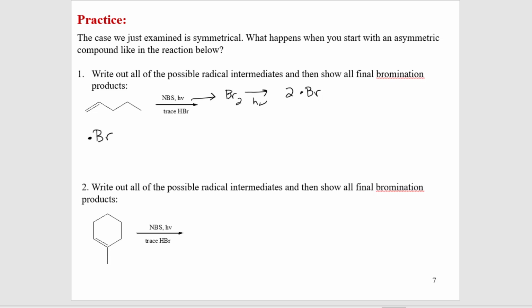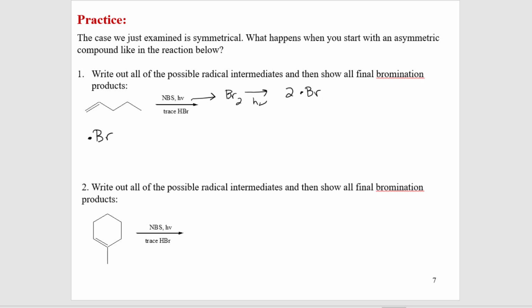And I always think of it like a pill in a slow release capsule, because it's going to dispense the medicine in your stomach very slowly. I always think of NBS as the slow dispenser of Br2.